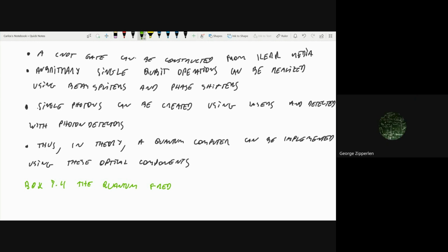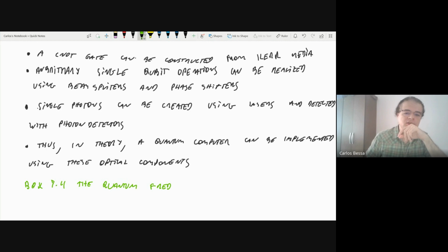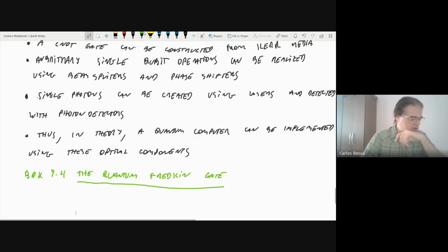Because in the example we see here, we'll see how to reproduce the classical Fredkin gate.